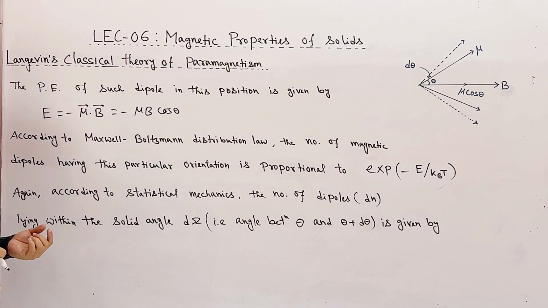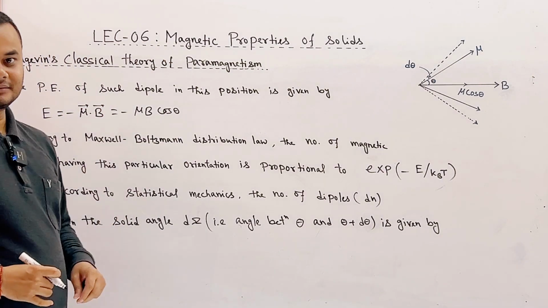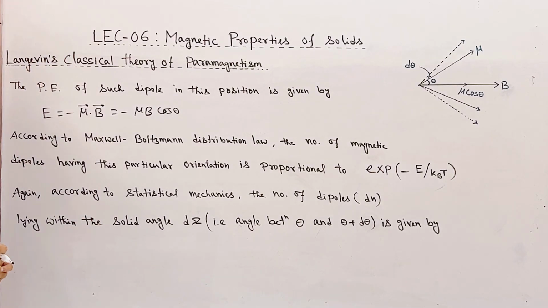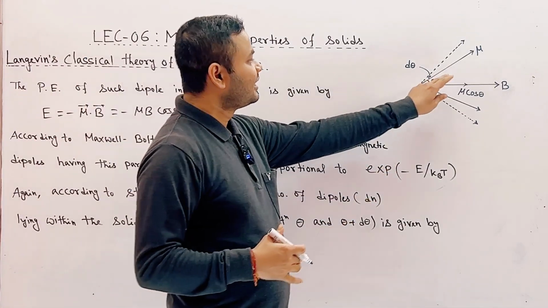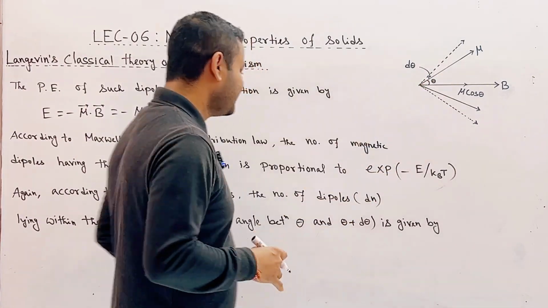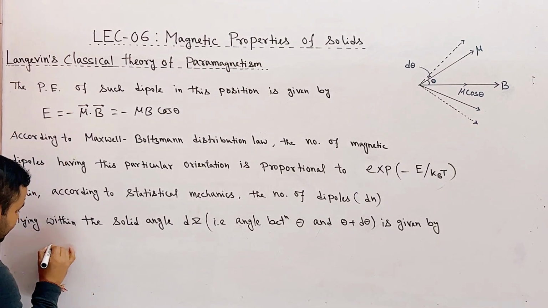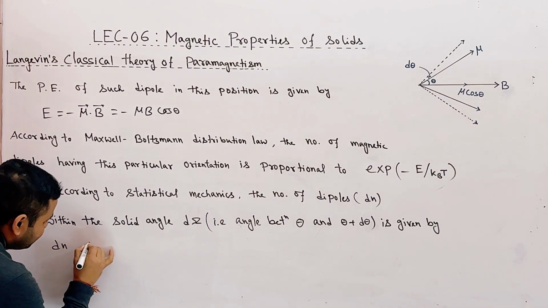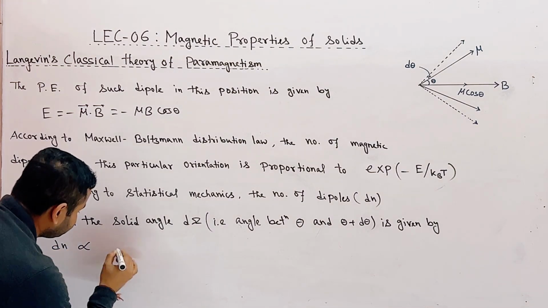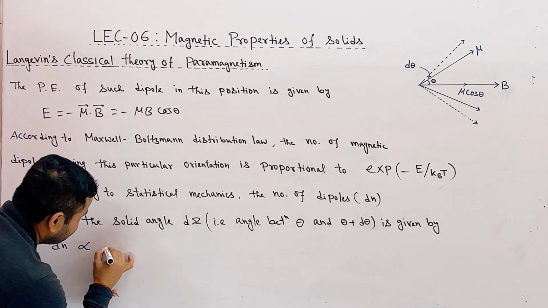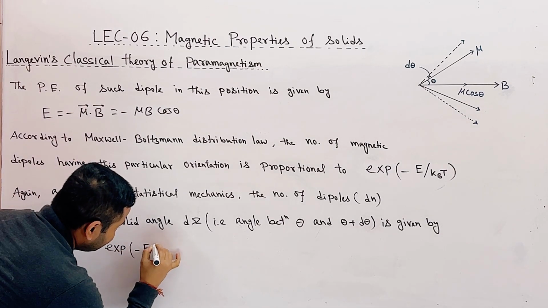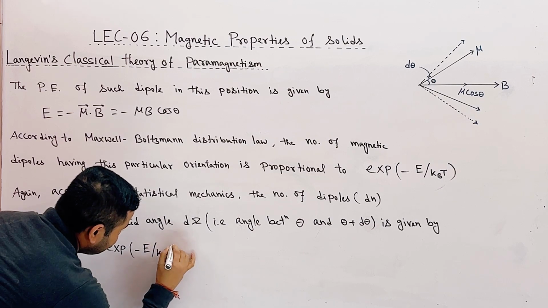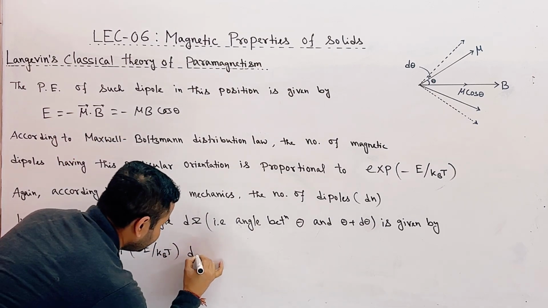Next, apply the concept of statistical mechanics. According to statistical mechanics, the number of dipoles lying within the solid angle d omega, that is the angle between theta and theta plus d theta, is given by dn directly proportional to exponential of minus E divided by kbT into d omega.